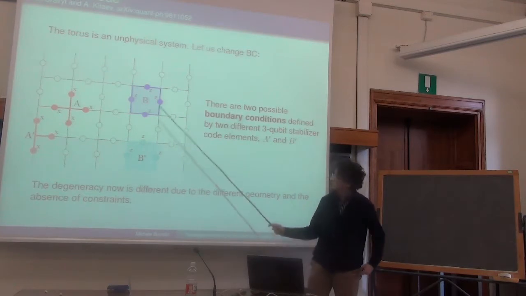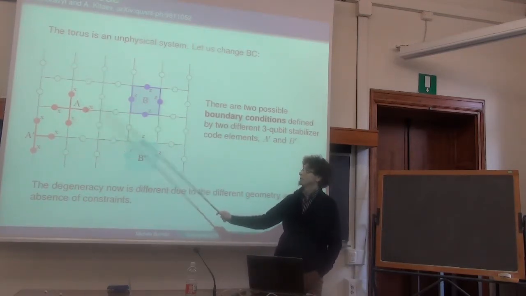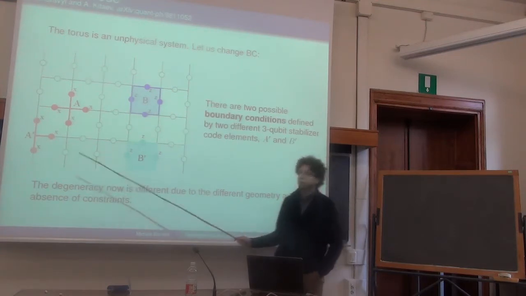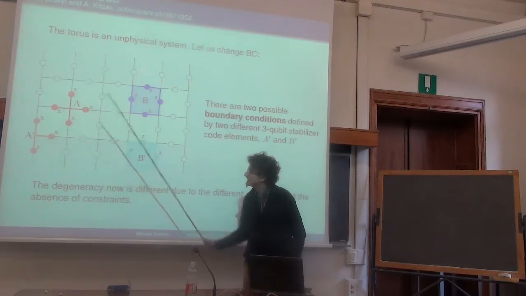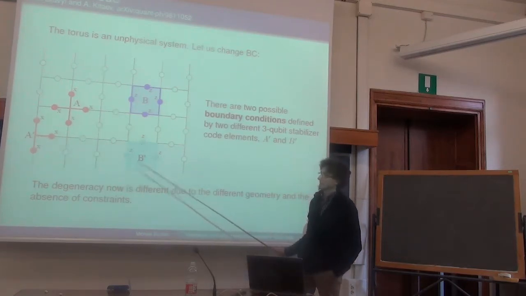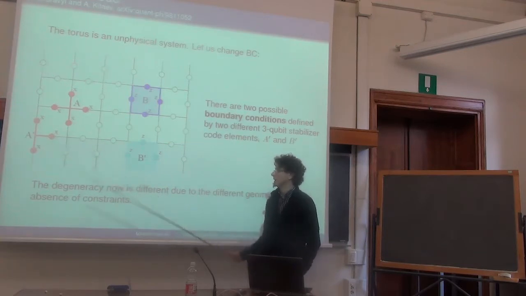operators, the Hamiltonian, that involve spins on the bulk of the system, we will define also boundary operators of the vertex kind and of the plaquette kind, which instead are the product of only three spins.